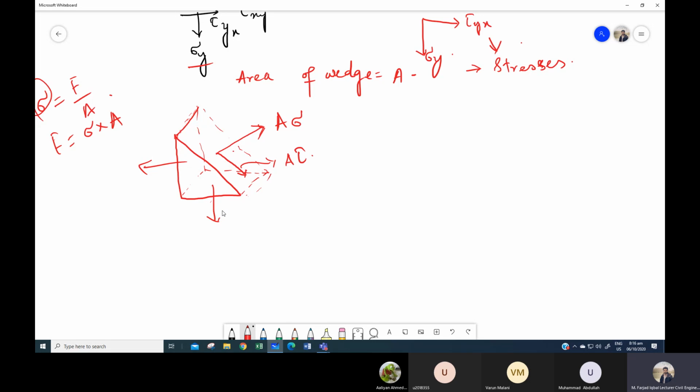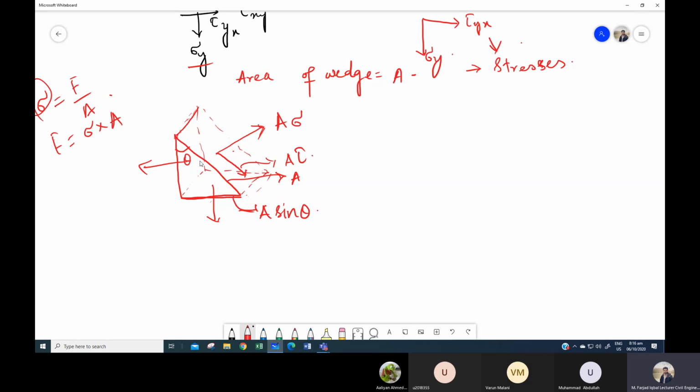Now if this particular area is A and this angle is theta, what will be this area? Can I call that this area would be A sine of theta?